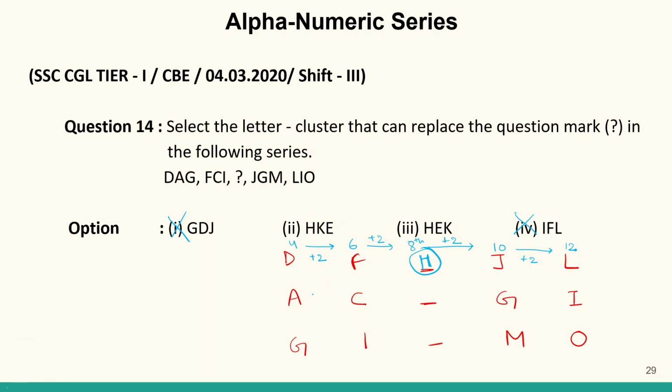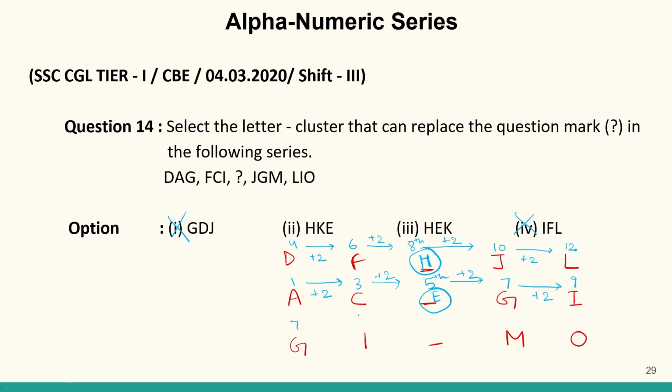Let's find out. From A to C, A is positioned at 1, C is positioned at 3, G is positioned at 7, and I is positioned at 9. So here also I can say that 2 positions are being moved forward, and here also 2 positions are being moved forward. So here also again 2 positions, that will give us the 5th rank, and 5th rank belongs to E. So the second alphabet will be E. Now let's see.